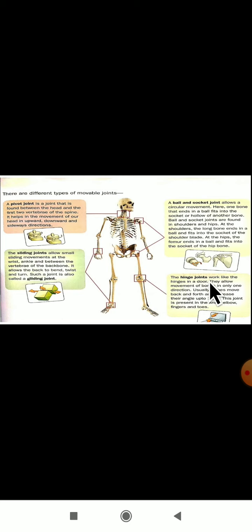Let us see about the hinge joint. The hinge joint works like the hinges in a door. They allow movement of bones in only one direction. Usually, bones move back and forth and increase their angle up to 180 degrees. This joint is present in the knee, elbow, fingers and toes. Where is the hinge joint present? In the knee part, the elbow part, fingers and toes. This is the elbow. In these parts, the hinge joint is present.